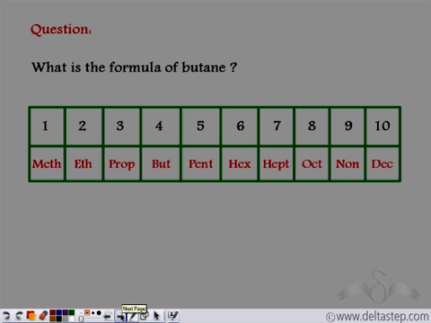What is the formula of butane? Butane is an alkane containing 4 carbon atoms. The general formula of all alkanes is CnH2n+2. So from the name butane, we know it contains 4 carbon atoms and it is an alkane, so we use the general formula of alkanes.